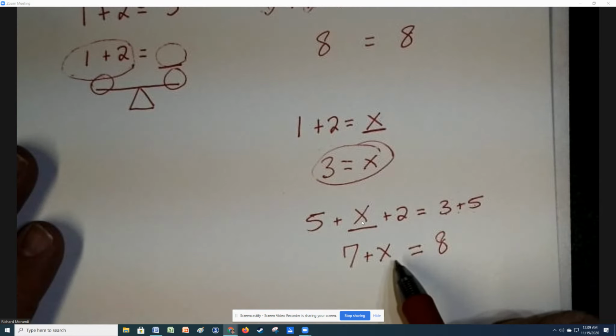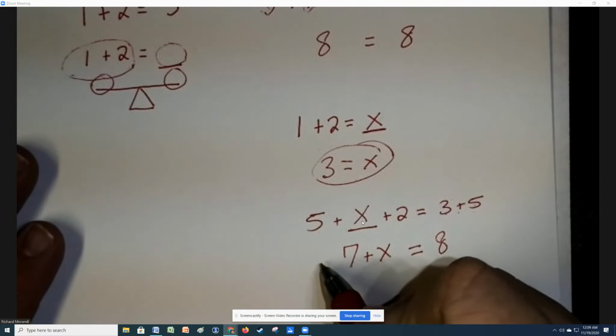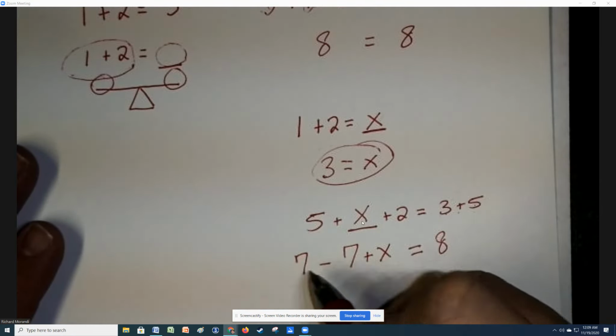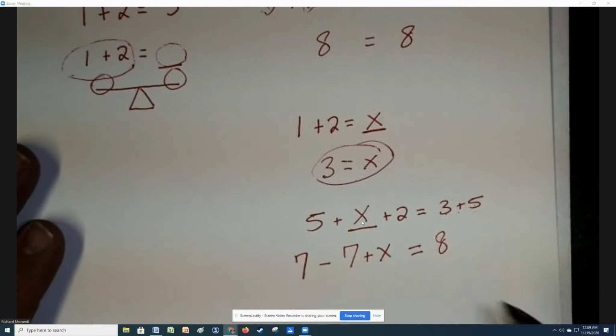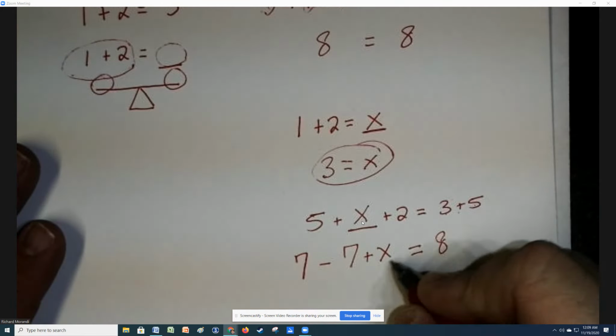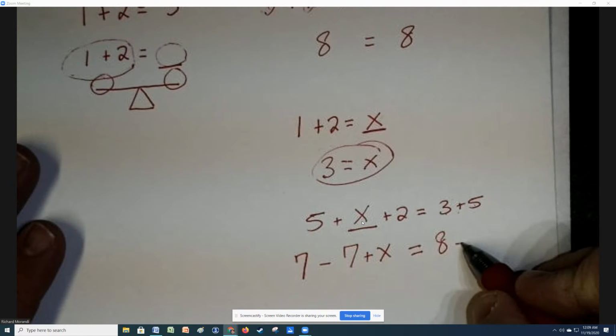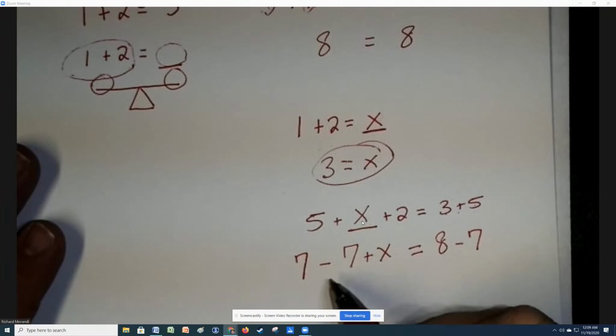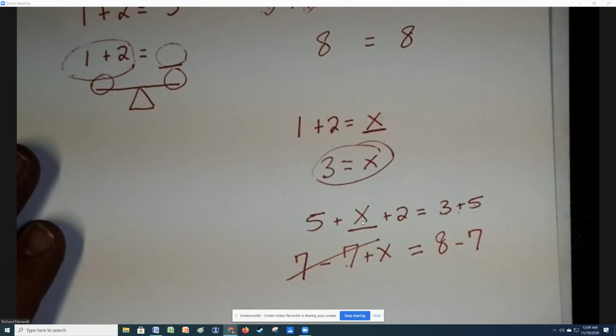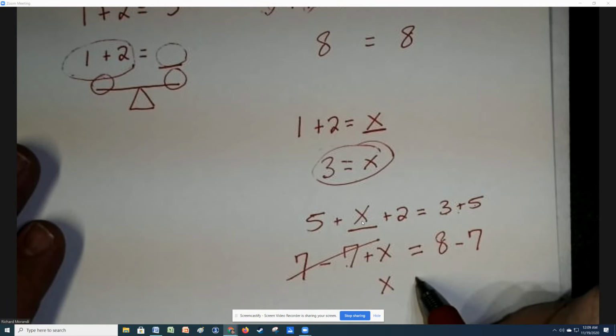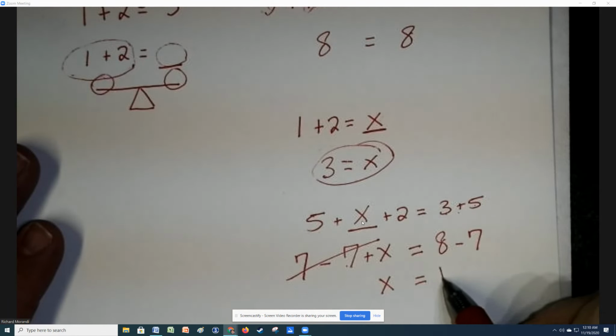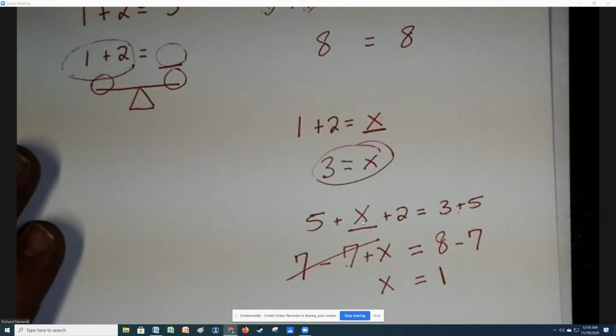I want to subtract 7 from both sides, because 7 minus 7 is 0, and that gets my x alone. So I subtract 7 from both sides, 7 minus 7 cancels out, and I have x equals 8 minus 7, which leaves me with 1. x is equal to 1.